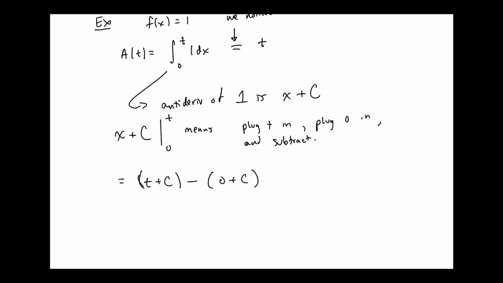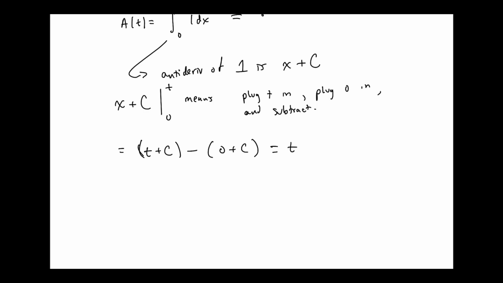They cancel. And that always happens when we're doing this definite integral thing, so I don't have to write it in the first place because it's just going to cancel anyway. Is that cool? Oui ou non? Oui? Très bien. Now, the other thing that I could ask is what is A prime of t?